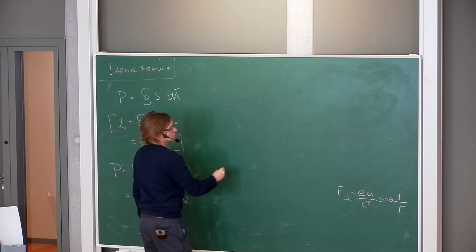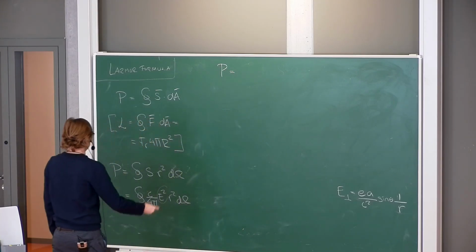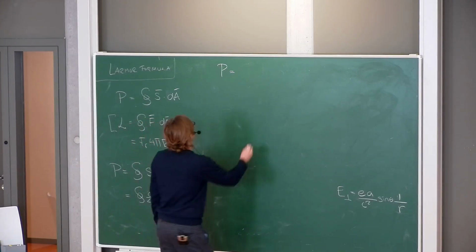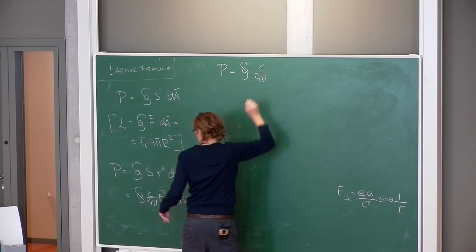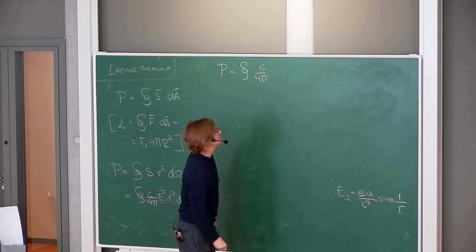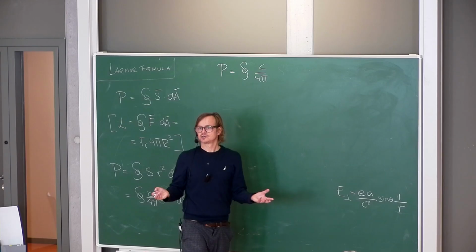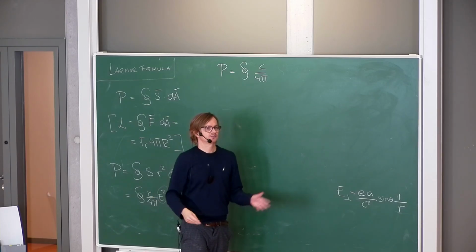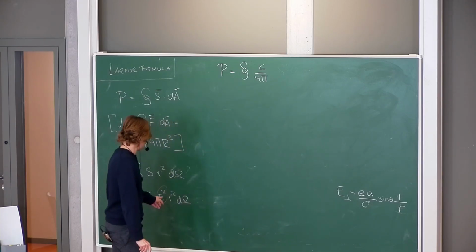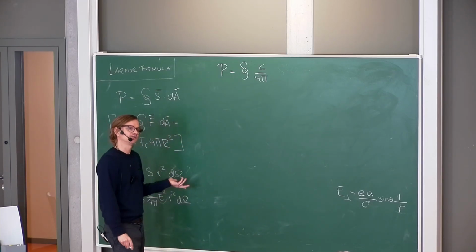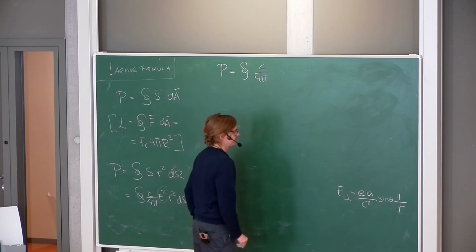All right, so we now have the power as the integral here, c divided by 4 pi, and then we have E squared, which now is this. We know that on far distances, we can neglect the Coulomb contribution because it falls off as 1 over r squared, and the E squared will fall off as 1 over r to the fourth, so it will be very soon negligible, okay?